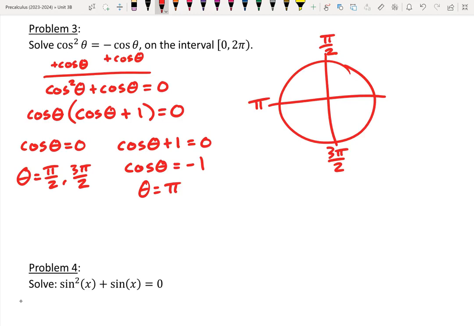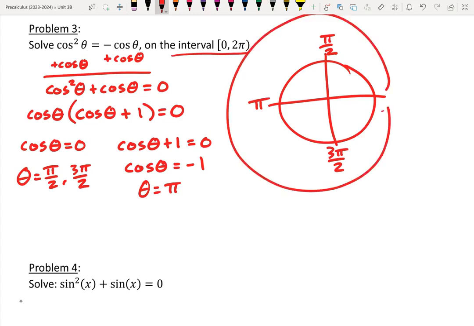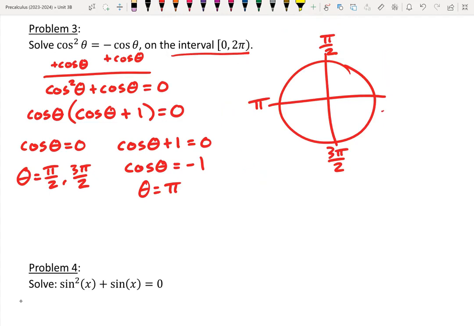What did they ask? Solve on the... So that means I just look at one unit circle. I don't have to look at multiple. So those 3 angles are my answers. It's really right here. That is my answer. If it was find all solutions, I would then want to do the plus 2 pi n and so on.